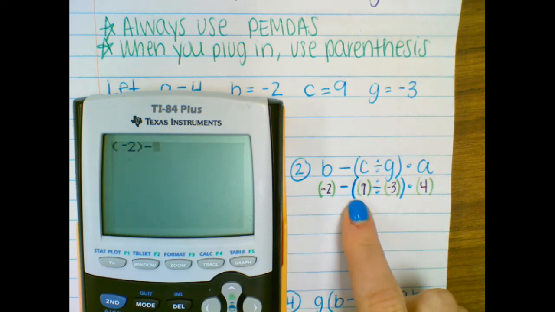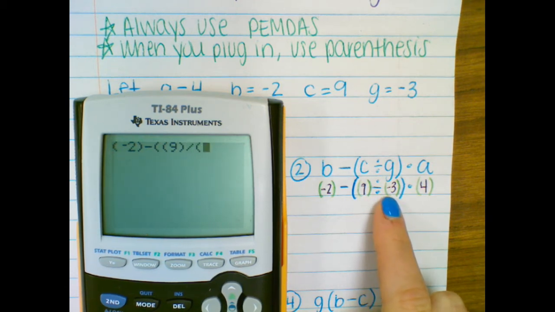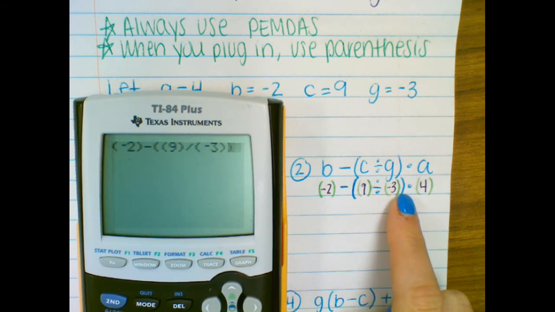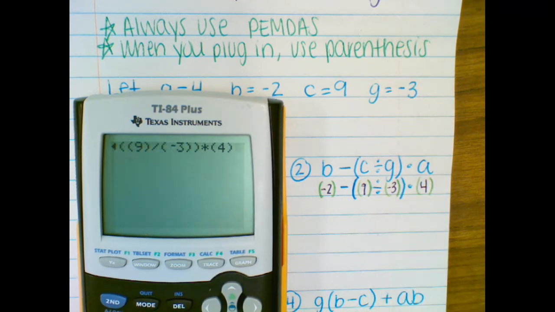I have a parenthesis here, and another one with a 9, close parenthesis, divided, an open, -3, a close, another close, times, an open, 4, and another close. So my answer here is 10.